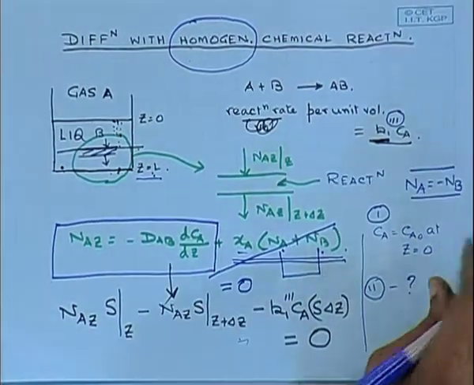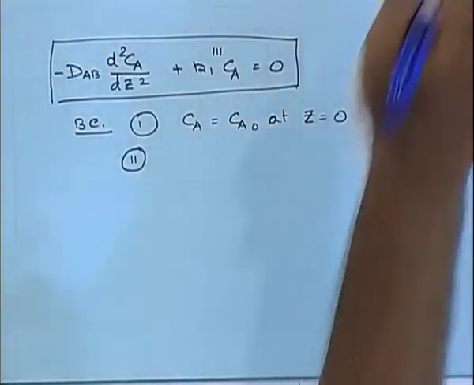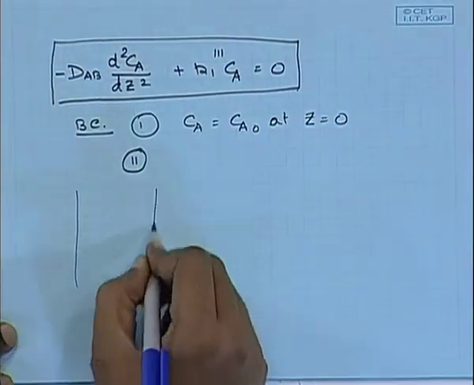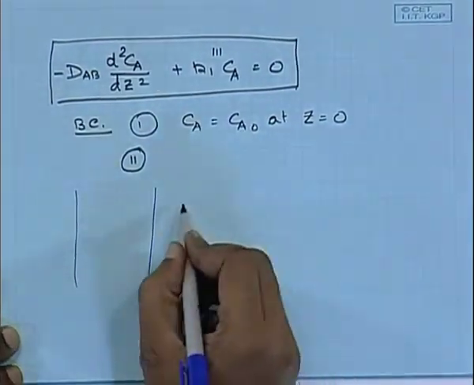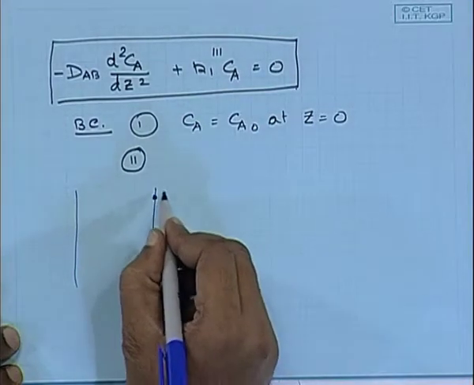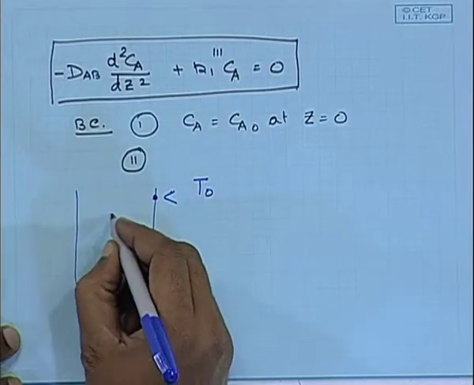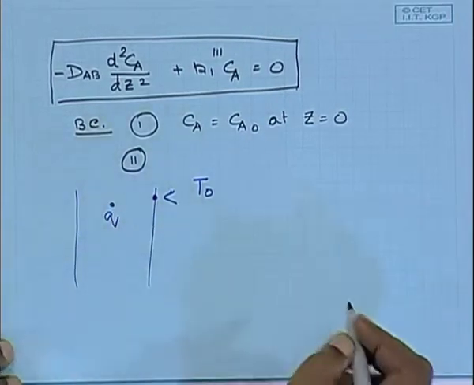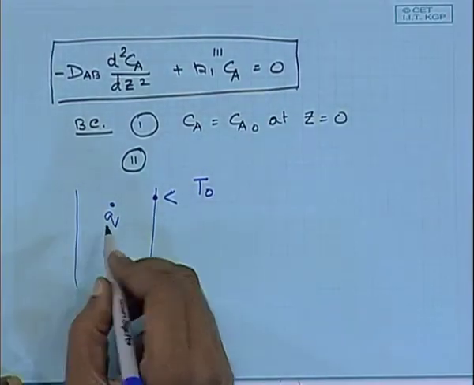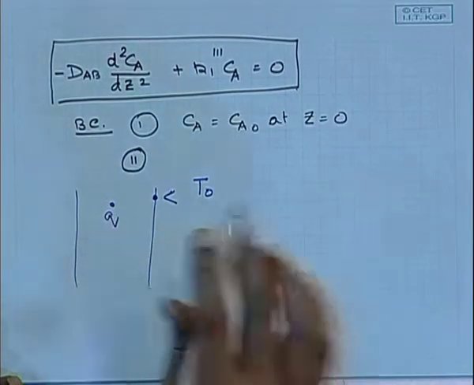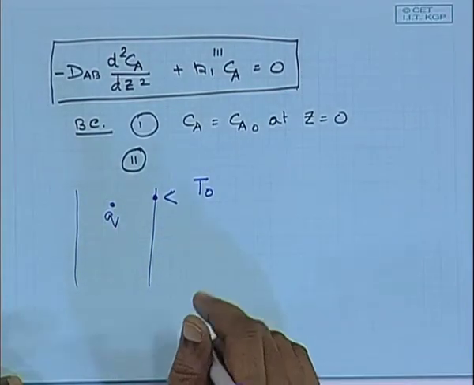Is it equivalent to this situation in heat transfer? In this wall, the temperature at this point is less than the temperature outside, and over here there is some heat generation or depletion. Let us say heat depletion, if it is possible by some means.